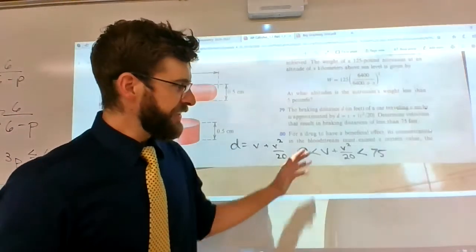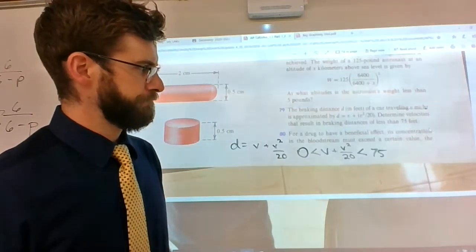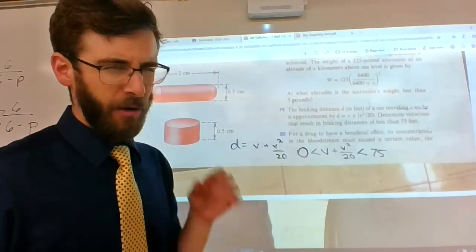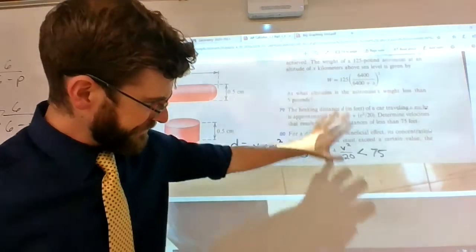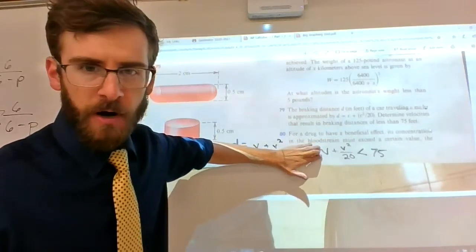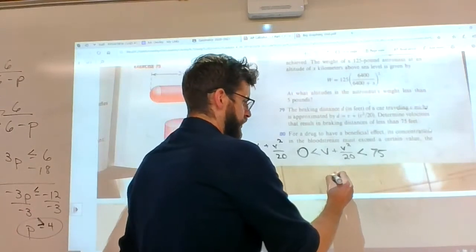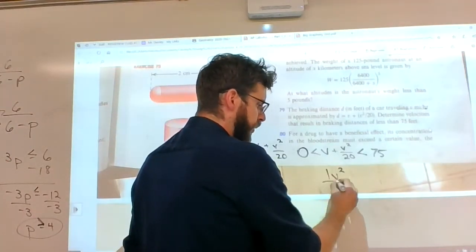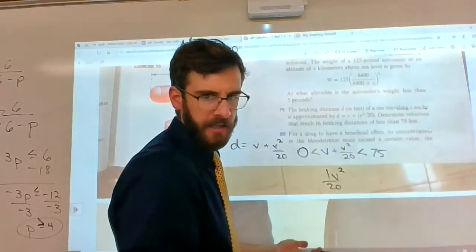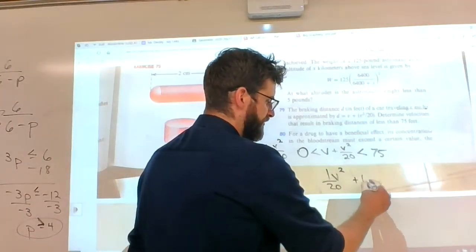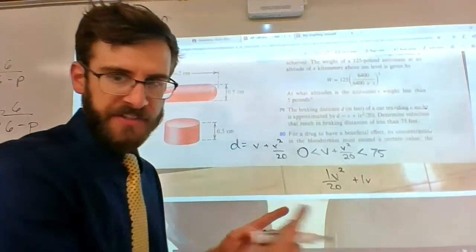So we've got this inequality to solve. I think it'd be pretty helpful to pay more attention to this part as we move forward. So we've got 1/20th v squared plus 1v. And I'm going to subtract 75 to the other side.